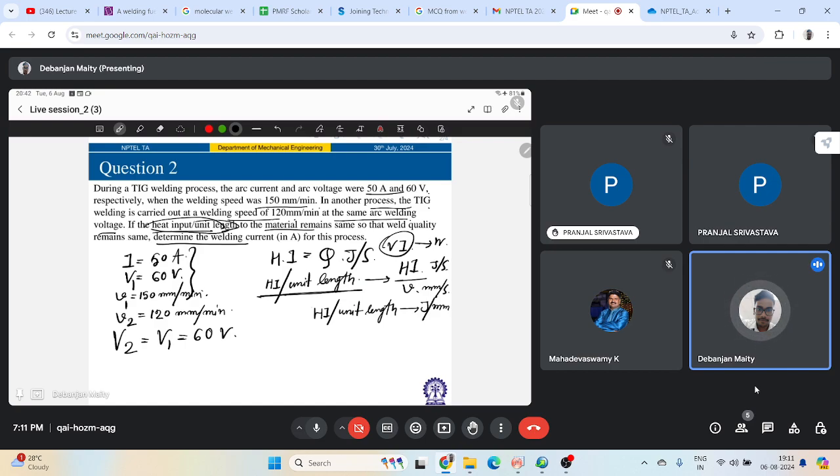So my heat input per unit length is Q by V, the welding speed, and it says that my heat input per unit length remains the same for two different processes, right? So Q1 by V1 equals Q2 by V2. Q1 is voltage into current, right?